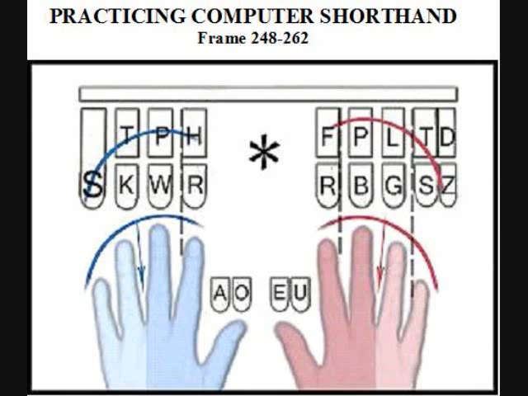Okay, frame 260 is won't when it comes first in the phrase.